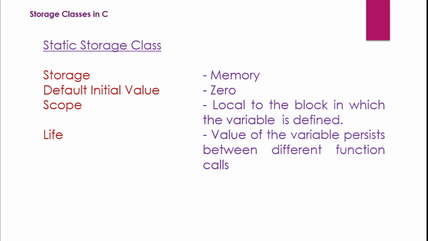And as for life, the value of the variable persists between different function calls, because the storage is memory. Whenever we declare a variable in the static storage class, the value persists between different function calls. So the life of this variable is greater than that of the automatic and register storage classes.